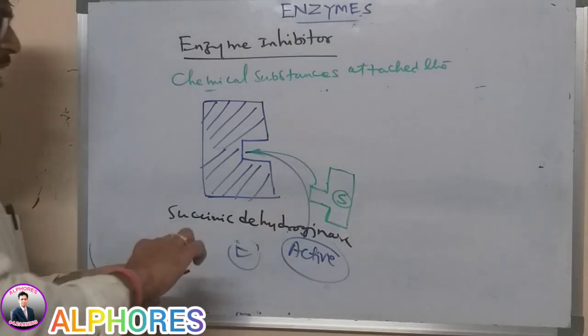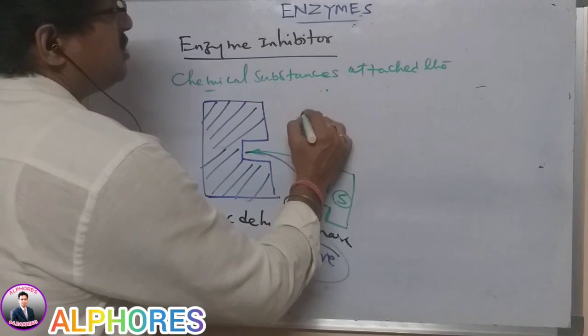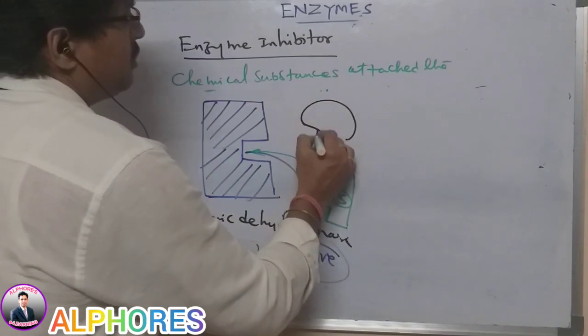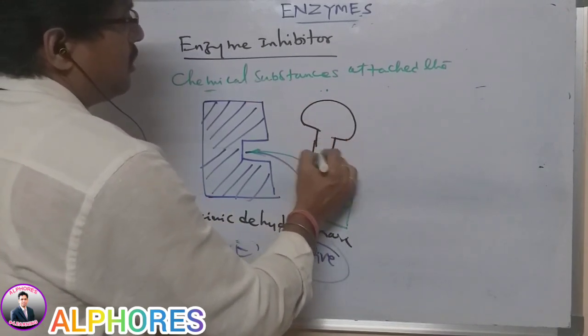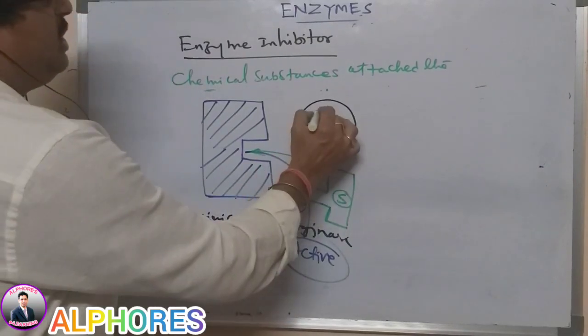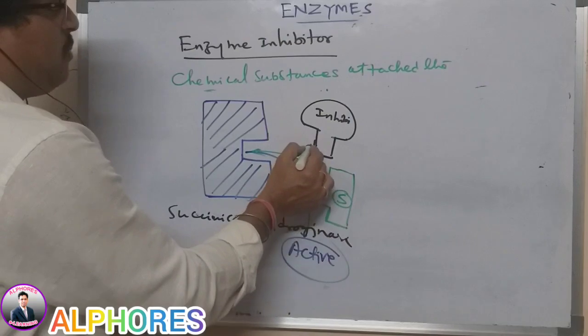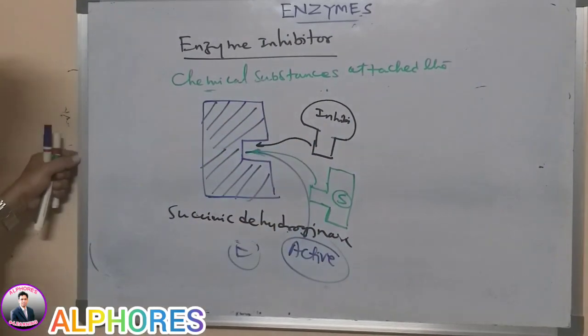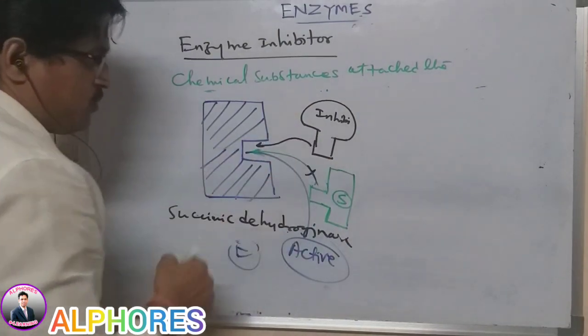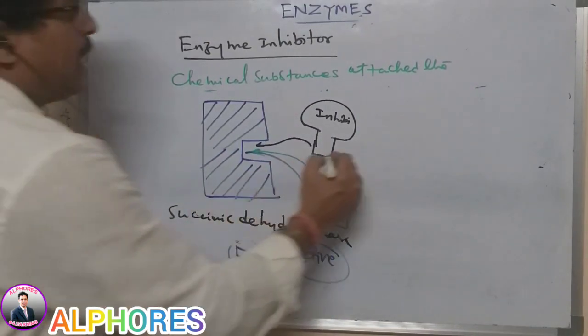But instead of this, what happens here? This is the malonic acid, the inhibitor chemical. Instead of the substrate, it goes and fixes here, and the reaction is prevented. So competitively, they come and join with the active site of the enzyme.